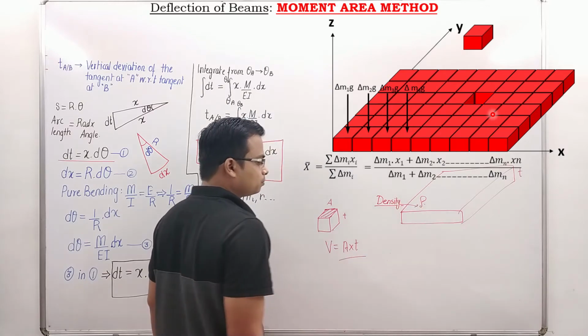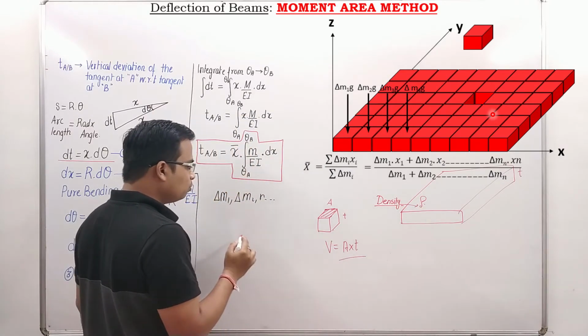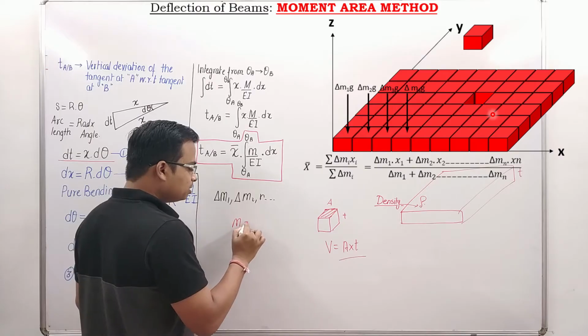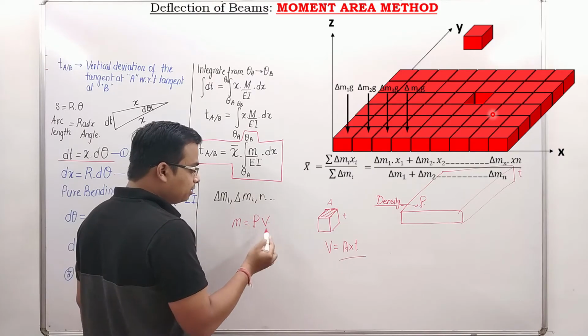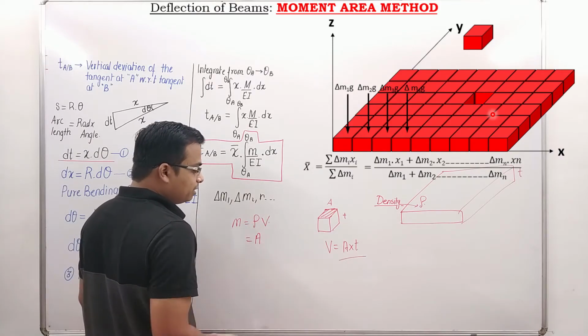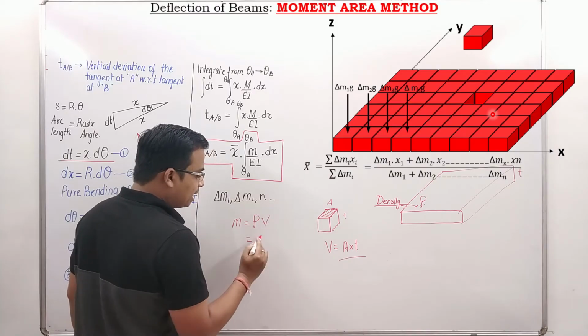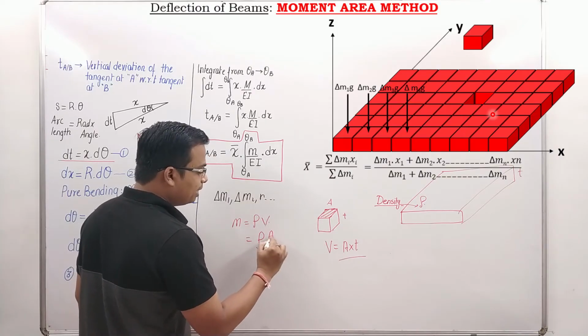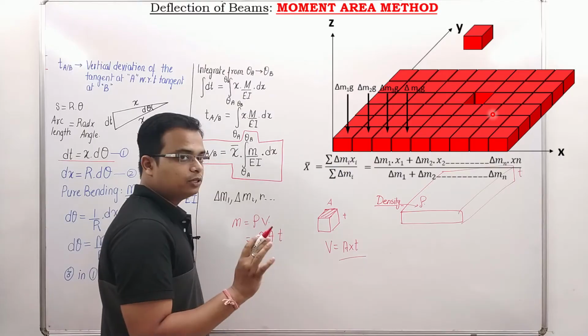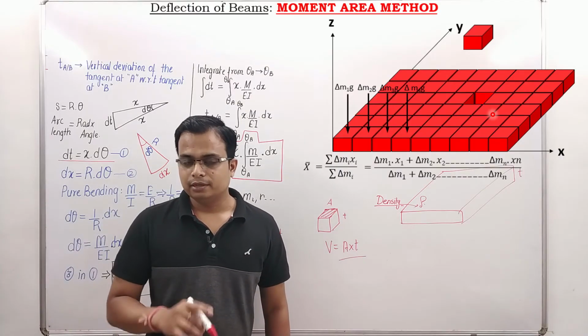Density is rho. Now you must know this, density is equal to mass over volume. So mass is equal to density into volume. And this is going to be very helpful. Density, keep it as it is, rho, and volume is nothing but A into T. Watch this.